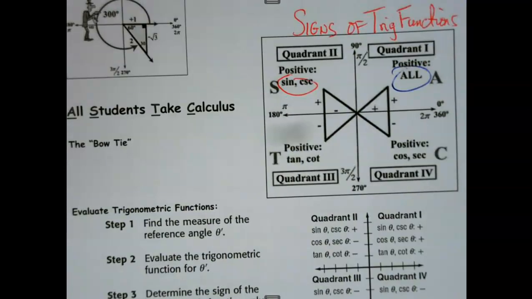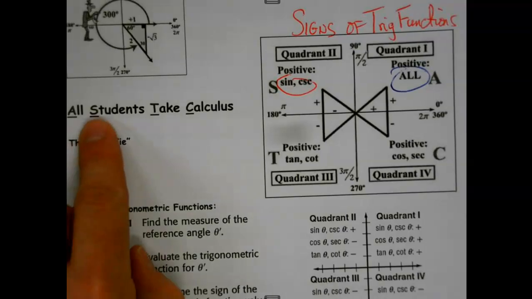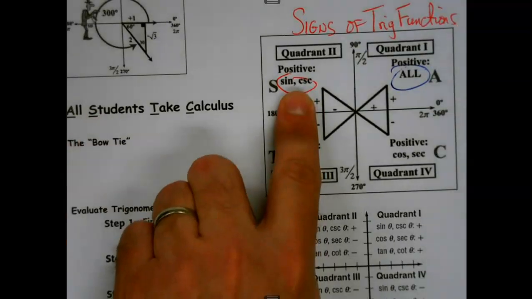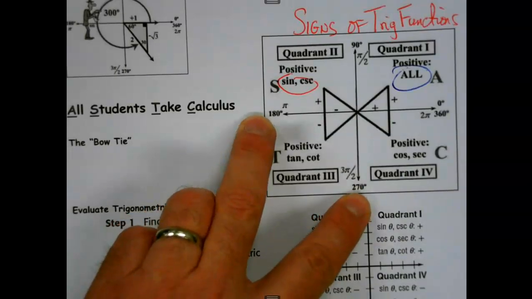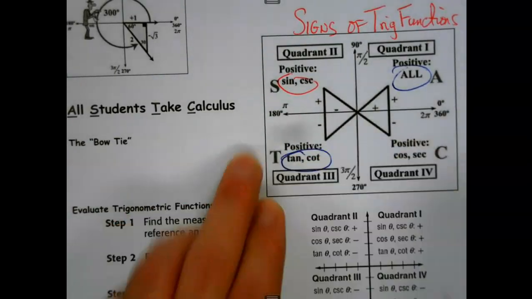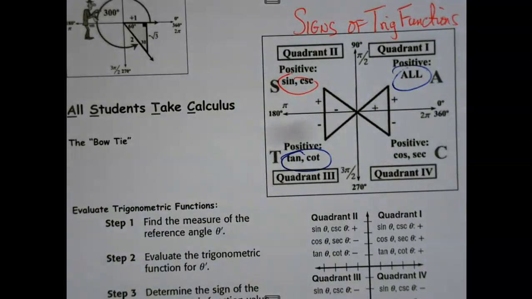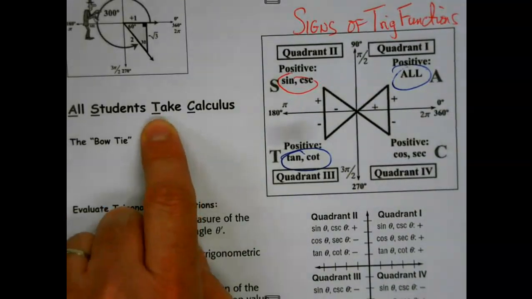Everything else is negative. Tangent's negative, cotangent, secant, cosine, all the things. They all become negative. So that's the S here, that sine is positive. I come to quadrant 3, and again, between 180 and 270. Tangent and cotangent is the only thing that's positive. There's the T. T for quadrant 3.